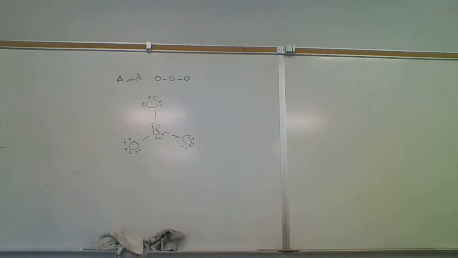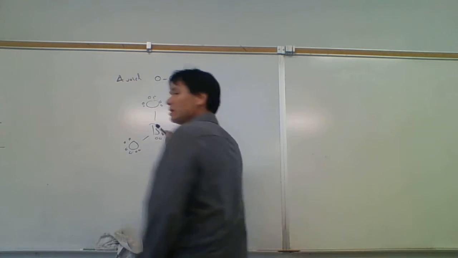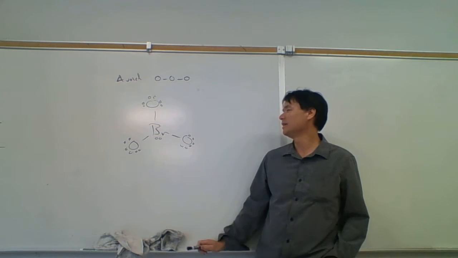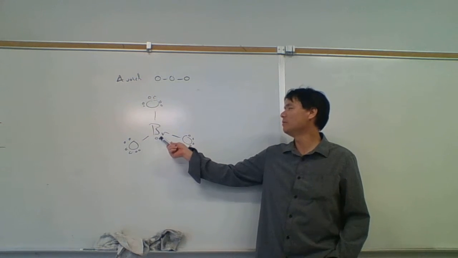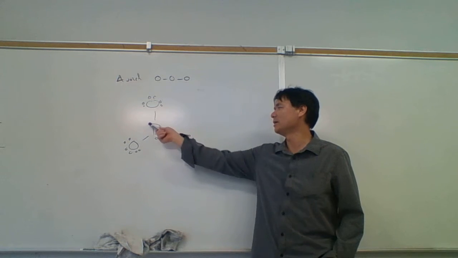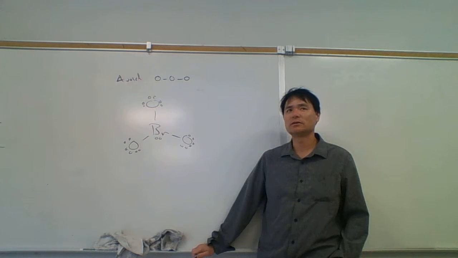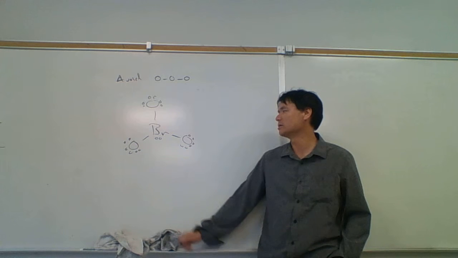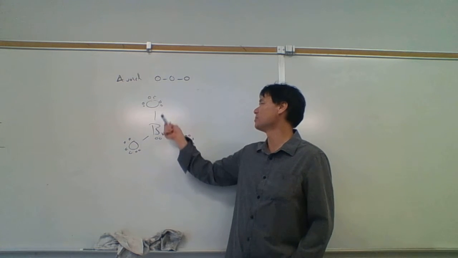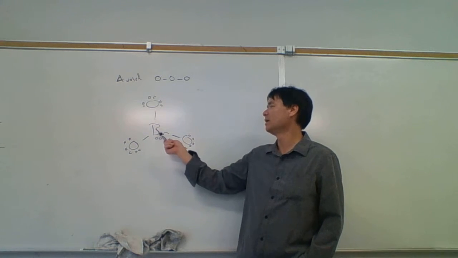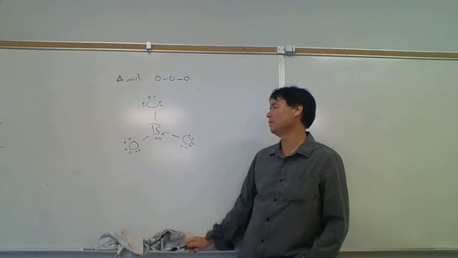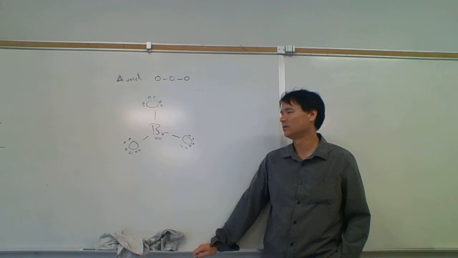If we're doing double bonds, then we have resonance forms. But in this case, we aren't doing any double bond. We can move this lone pair, like for example here or here, but we aren't going to do that. It's just going to stay like this. Normally what we do is we fix the atoms in position and then move the electrons around, but this is not really showing the actual shape of it. So we'll just leave it like this.